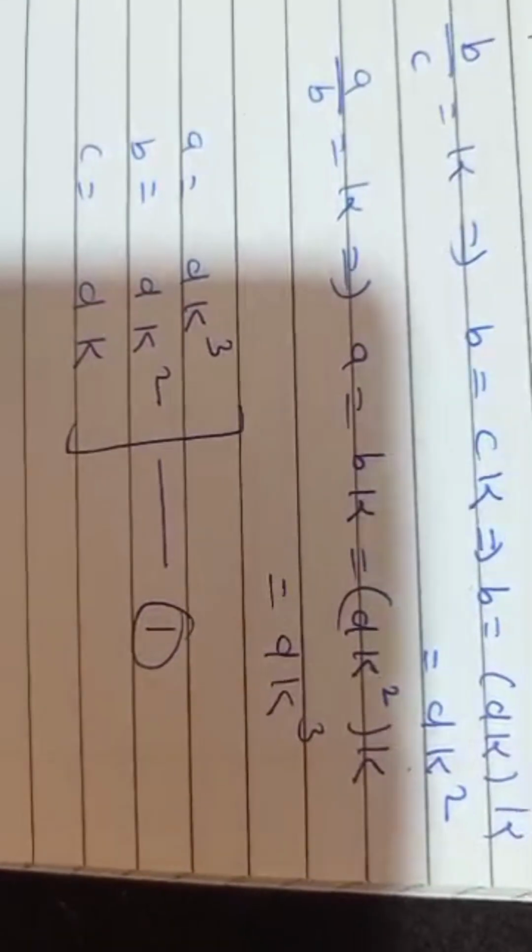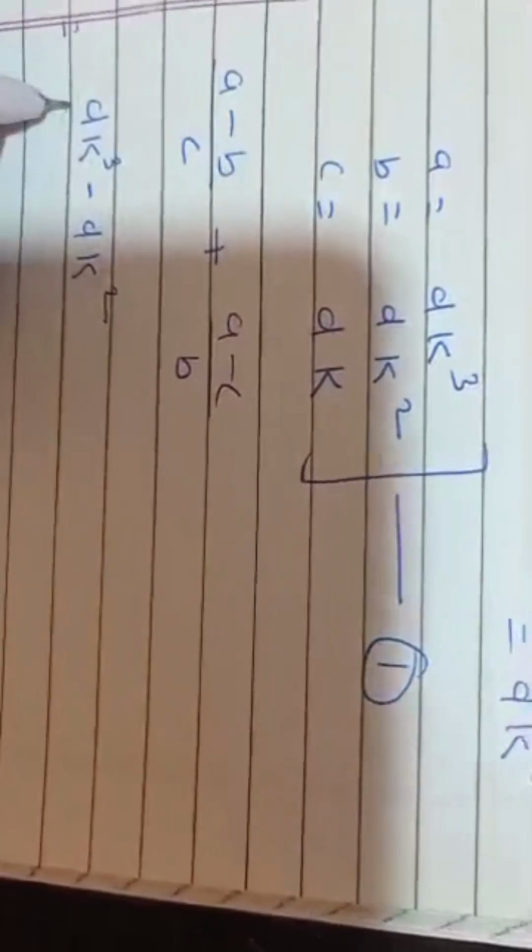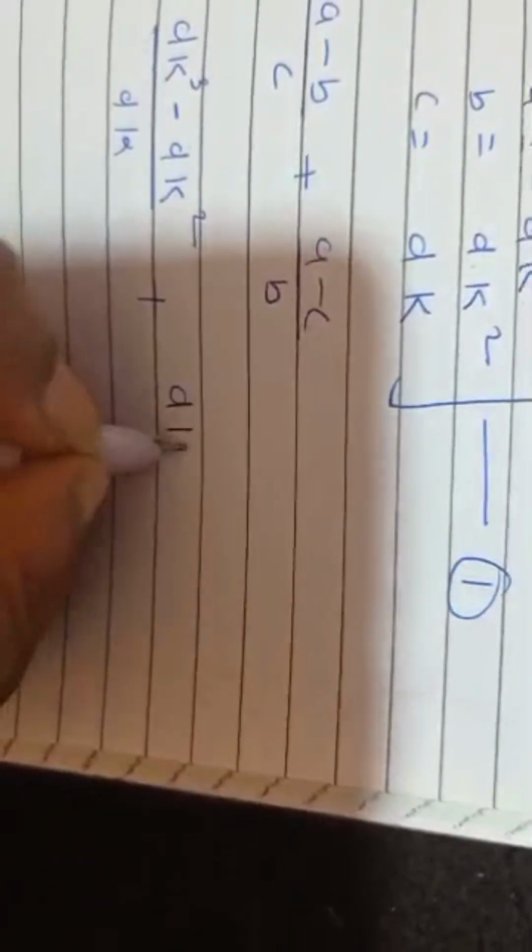Since the question is very long, I am taking only this part first: A minus B upon C plus A minus C upon B. Now the value of A is DK cube, the value of B is DK square, upon C is DK, plus the value of A is DK cube, the value of C is DK, upon the value of B is DK square, using 1.